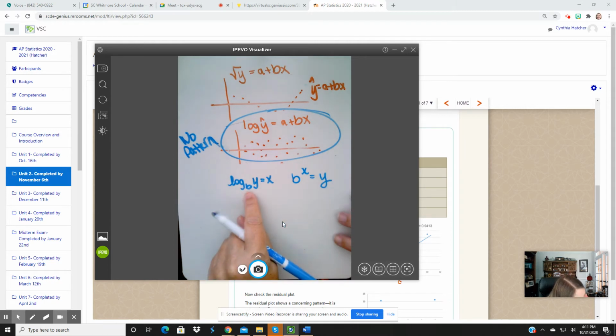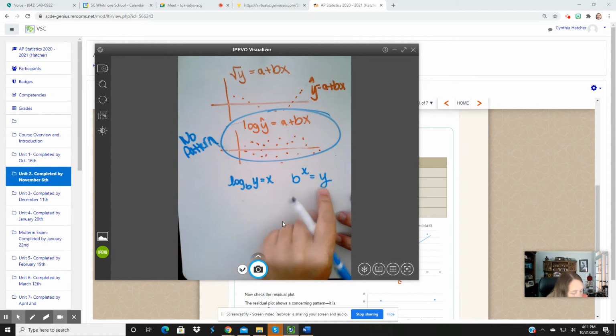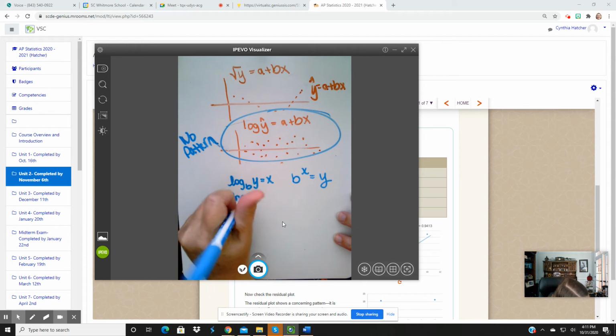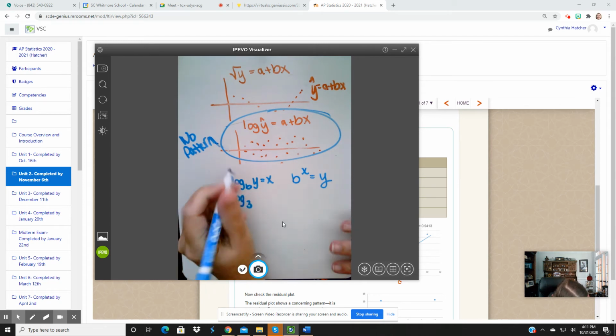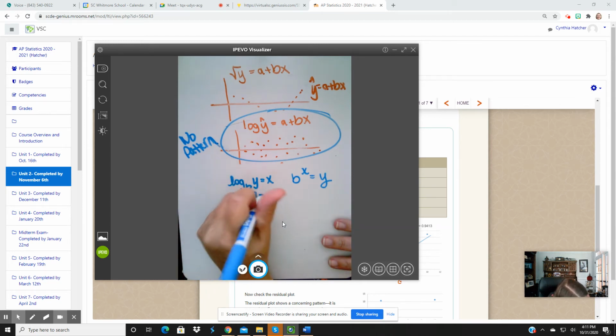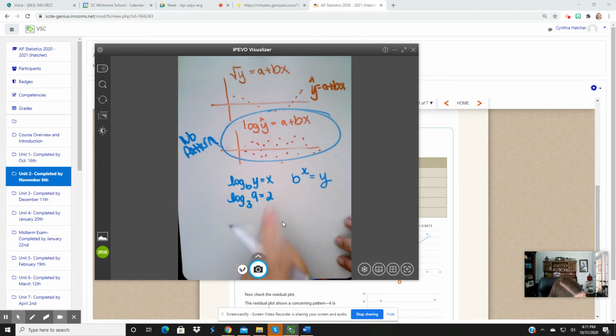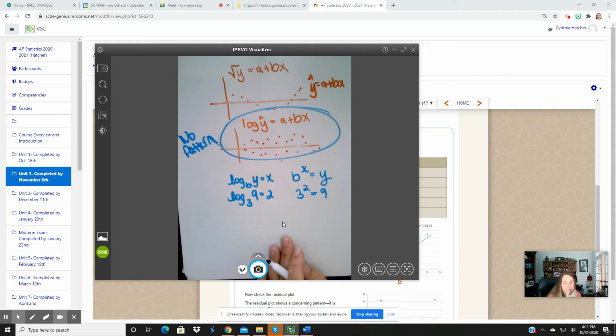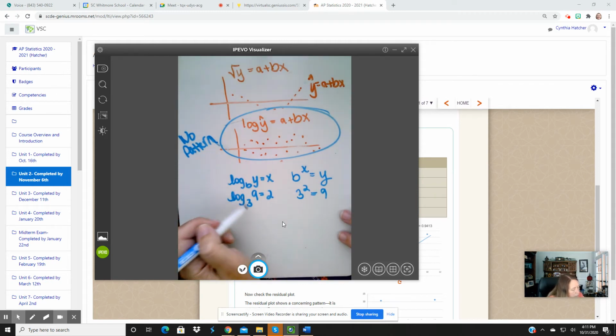So logarithms are just a different way to write exponents. For instance, if I had log base 3 of 9 equals 2, if I were to rewrite that, it would say 3 squared equal 9. And that's a true statement. So this is something that you have to remember, or you might have to relearn.